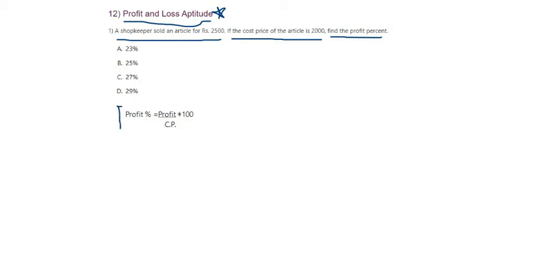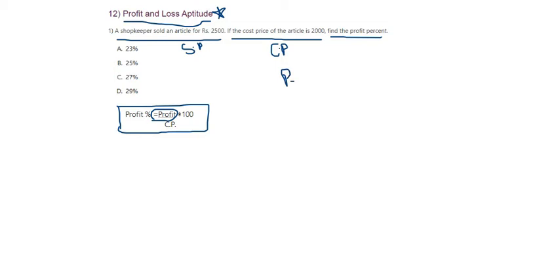So profit percent formula here I have written, which is nothing but profit by the cost price into 100. So how do you find this profit when profit percentage is given? So here cost price, that is CP, is your 2000 and the selling price is nothing but 2500.